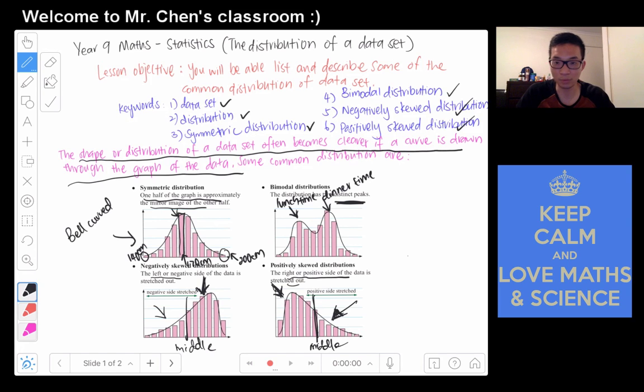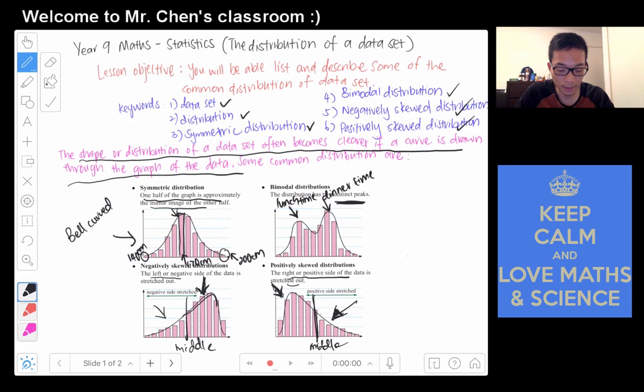It's just an example. So if you're doing a survey and you have more people on this side, that side means more people know how to play basketball, and fewer people know how to dance.